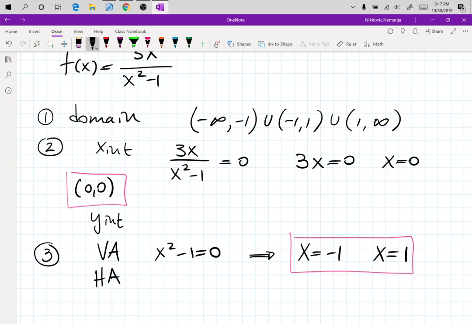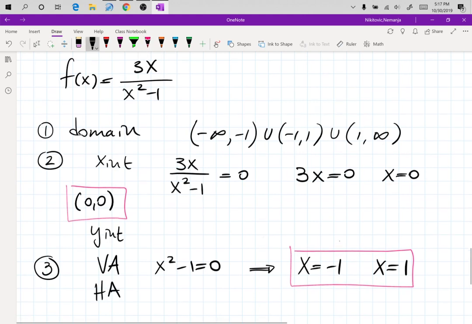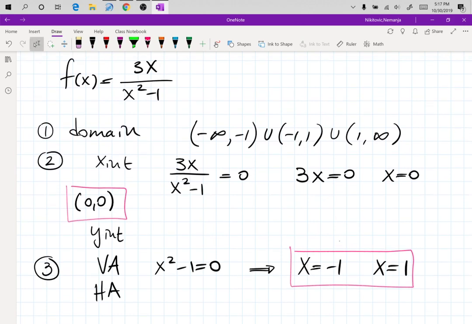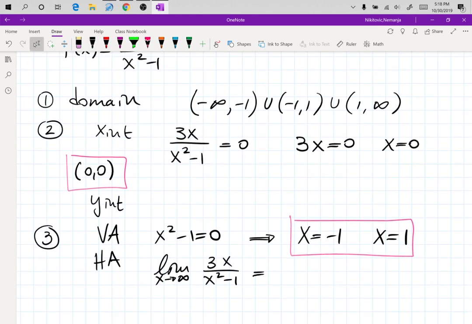Horizontal asymptote, when you set the limit as x goes to infinity of 3x over x squared minus 1, and divide everywhere by x squared, you get 3 over x divided by 1 minus 1 over x squared.